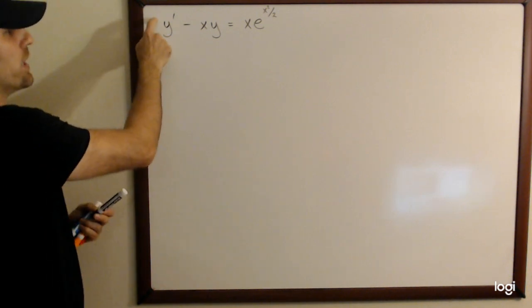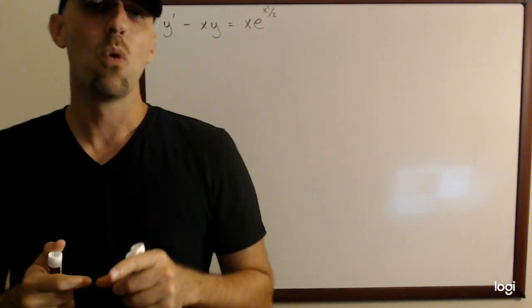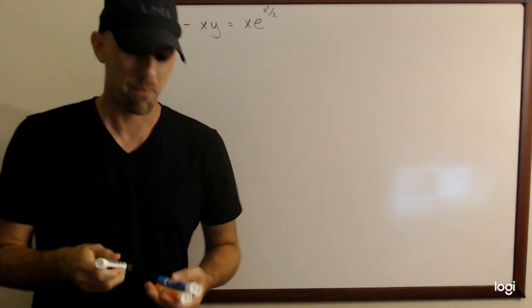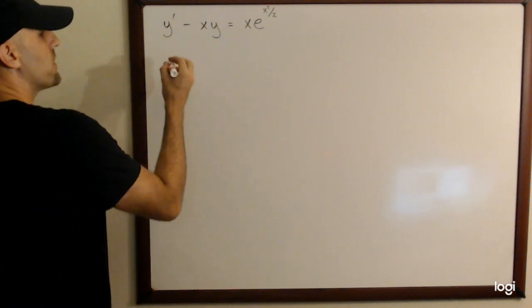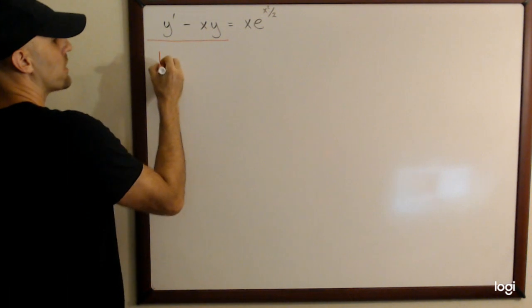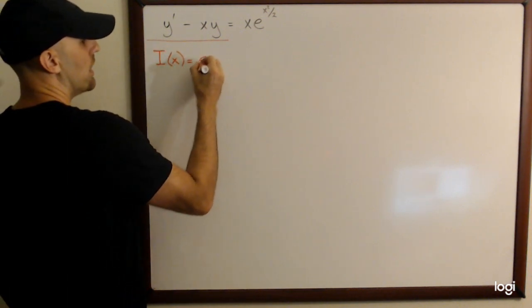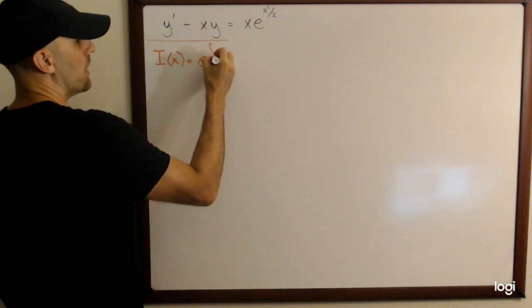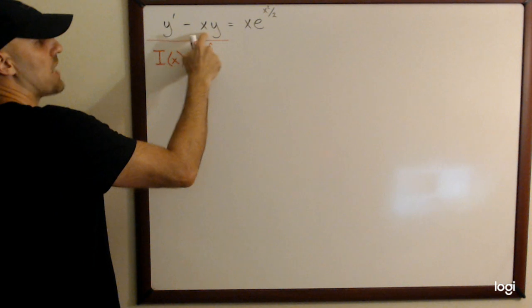The next thing I needed was my integrating factor. So let me find I of x. I of x is e to the integral of the function attached here to y.